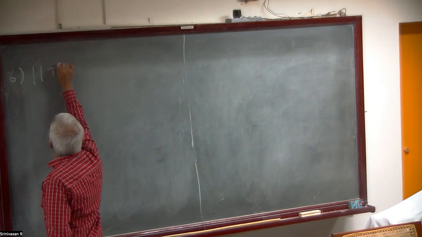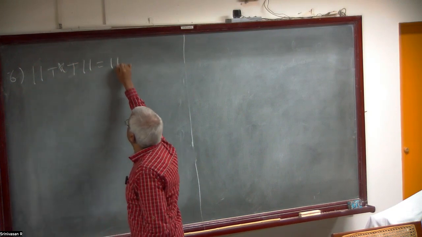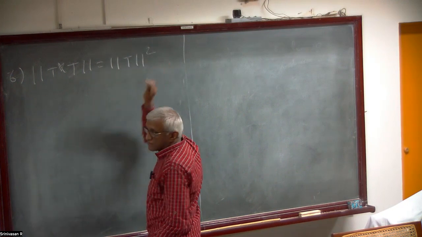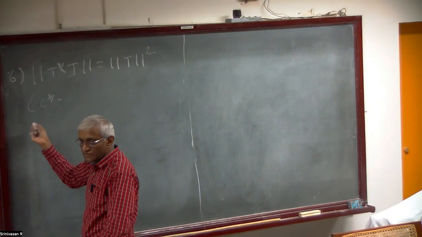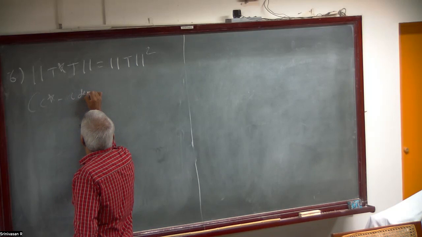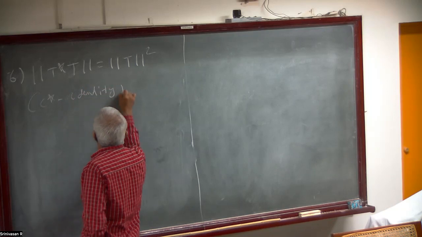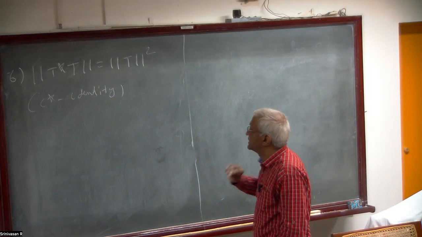The norm of T star T equals the norm of T squared. This is what is called the C star identity, from the definition of a C star algebra. So we'll do this.